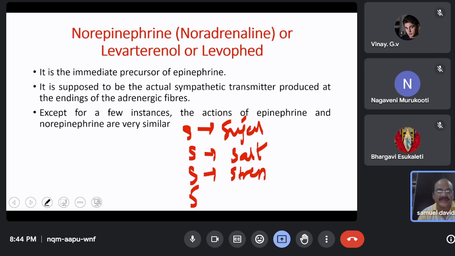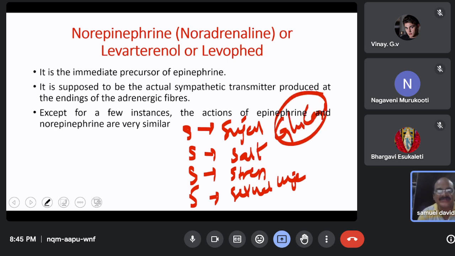And the fourth S refers to sexual urge. Okay, so leaving all this aside, what actually happens when epinephrine or norepinephrine are released? It is involved in oxidation of glucose. That means it regulates or controls sugar metabolism. That is one case.